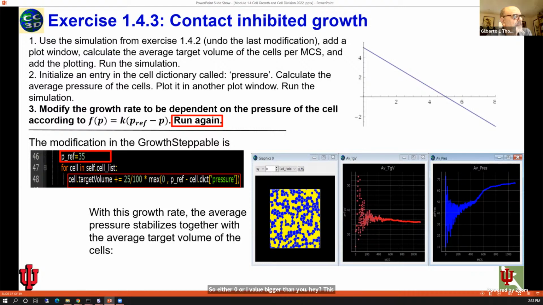Okay, this is what we choose to implement this way. With this growth, we have this behavior in your simulation. Include this modification in your code and put it to run.